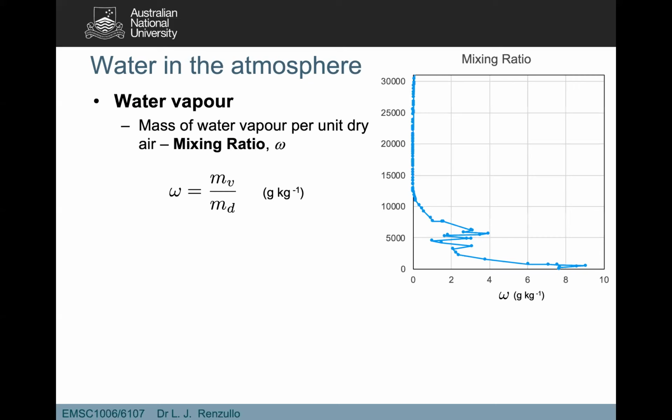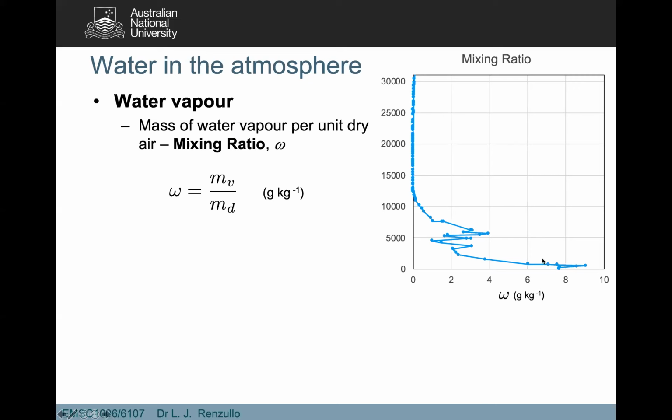Mixing ratio is one of the quantities that are measured by a radiosonde, and here we have the same data from the Perth radiosonde you saw earlier. However, we're showing mixing ratio on the x-axis, with altitude on the y-axis.